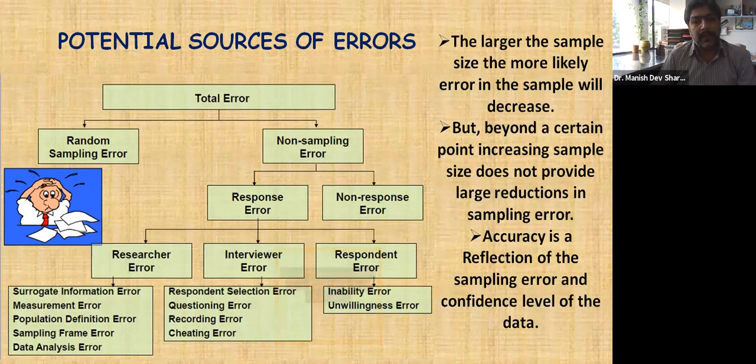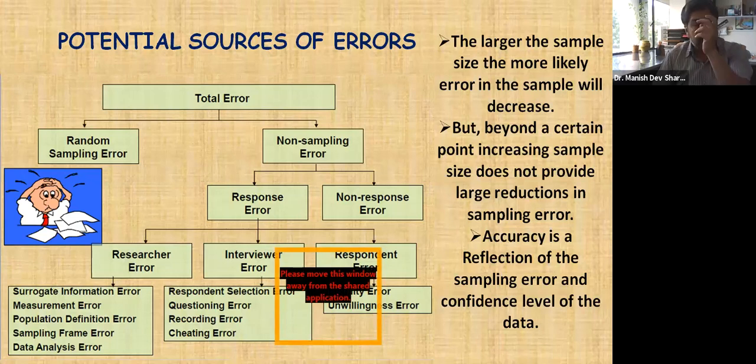It does not provide a large reduction in sampling error. So we can conclude that accuracy is a reflection of sampling error and confidence level of the data. In this PPT, we have defined the random sampling error and non-sampling error.